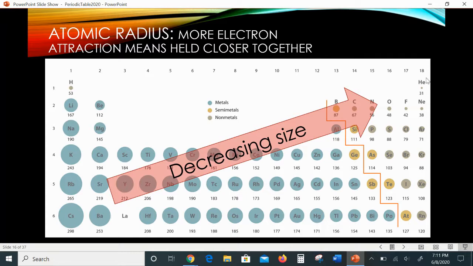If you're attracted to your electrons, are you going to let them run around like cesium and just let them go all over the place? No. You keep very close watch of them, and you keep them very tightly in place, and so it's harder to take one away. So atomic radius should make sense based on attraction. You can also just memorize that cesium's big and helium is small. That's fine, but I'm hoping that this makes sense to you.